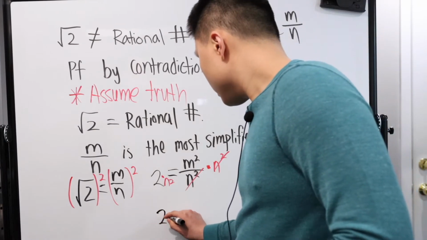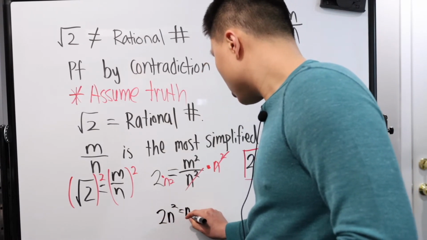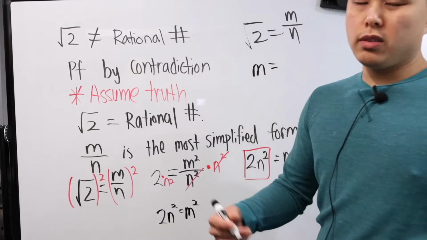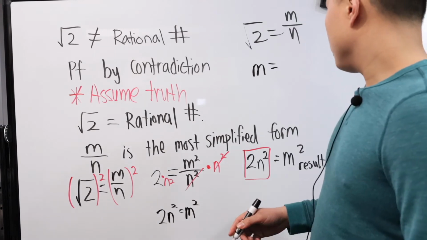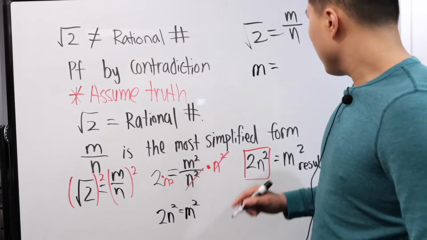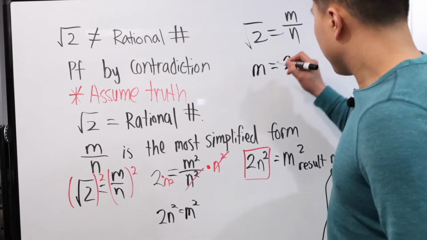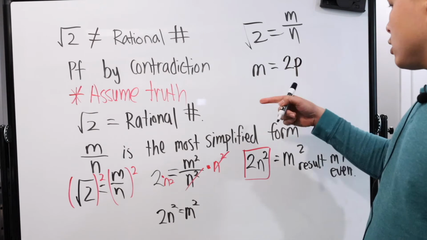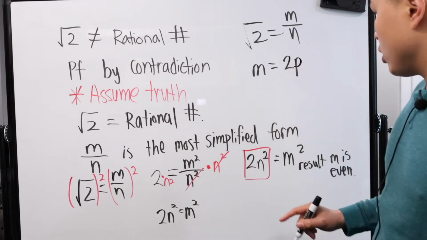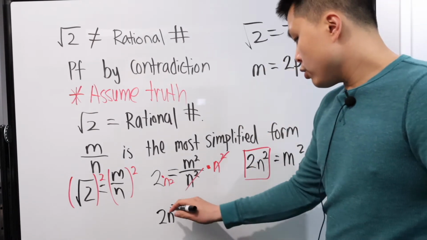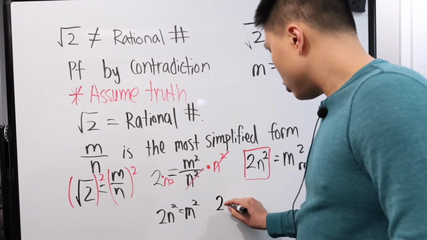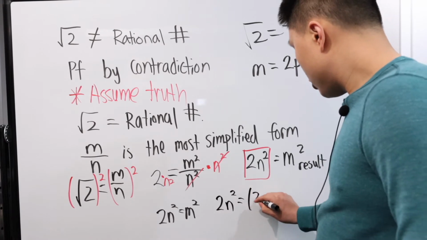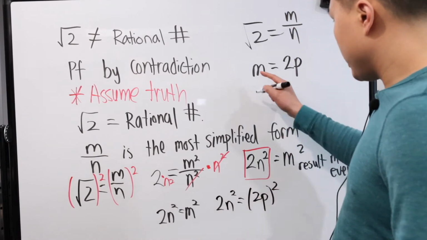We have 2n squared equals m squared, but we're going to say m equals, I don't want to say O because O looks like a 0, P. All right, let's just say 2p. Because m is an even number, you can write it as 2 times some smaller number. Well, in that case, it's going to be 2p. So if we rewrite this, it's going to be 2n squared equals 2p squared in place of m right here.